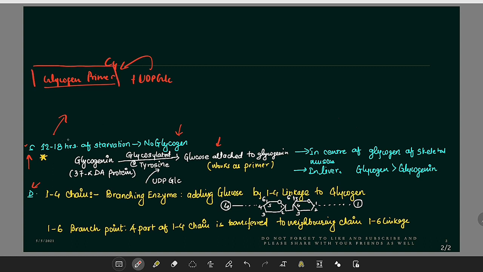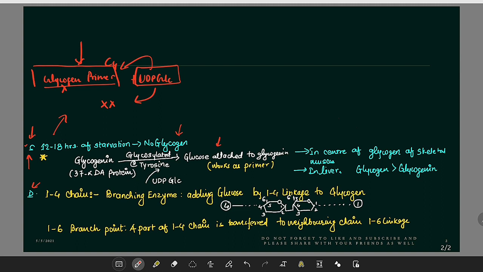And if we are starving for 12 to 18 hours, there is no glycogen in our body. So this is a question asked in MSc level or entrance examinations: if starvation depletes the body of glycogen, how is UDP glucose going to be added to a primer when there is no primer there? So this step C involves the synthesis of glycogen primers.